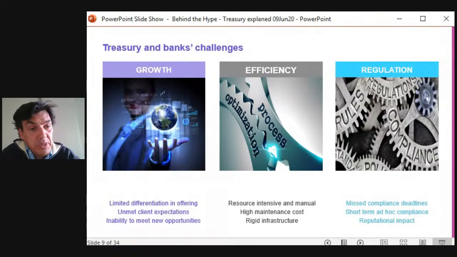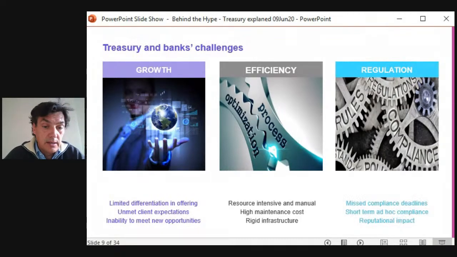The second big challenge that we can find for Treasury is actually that there is a big operational side, and this operational side is very often very manual, so it's very costly. And when you have systems, actually, many banks have built big infrastructure that is made of multiple systems, so it's very costly in terms of maintenance, and very often it's pretty rigid.